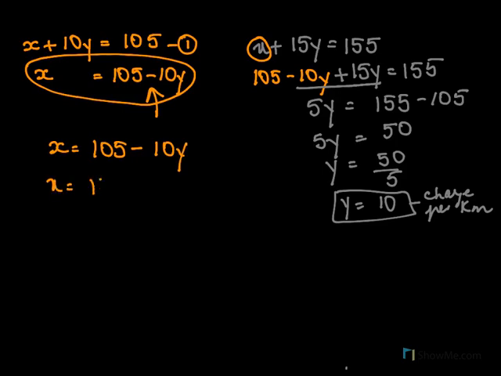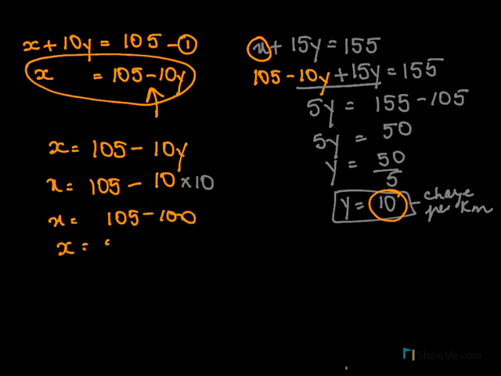Now X will be 105 minus, for Y we are going to put 10 here. So we'll have X equal to 105 minus 100. So X is 5. This is our fixed charge.